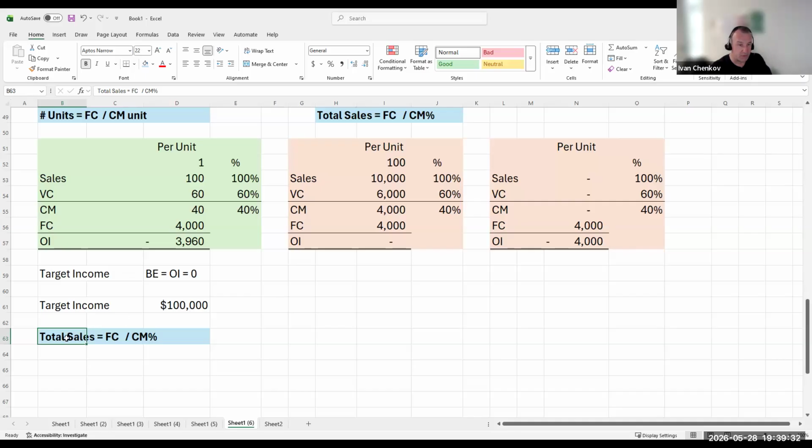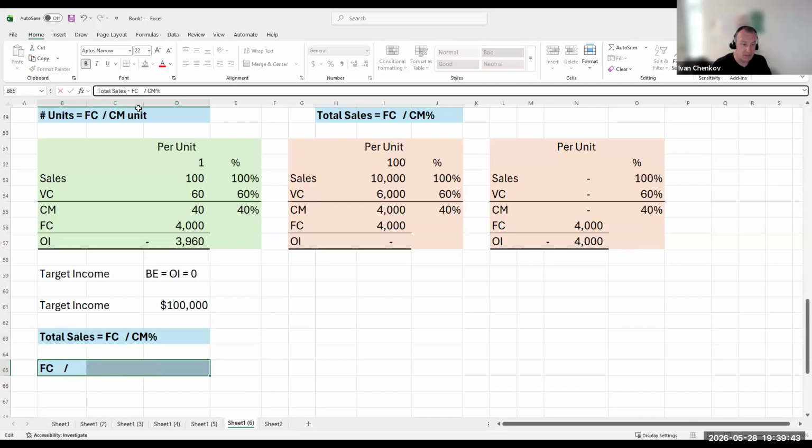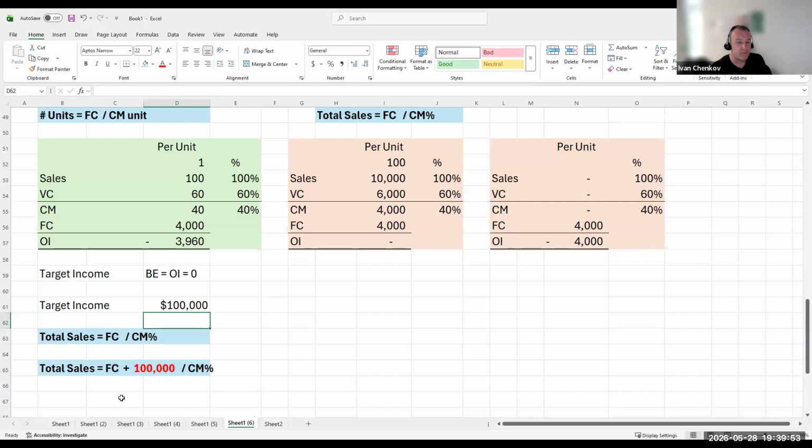So what we have to do is add what we want into the fixed cost, the numerator. So what's going to be here? Plus $100,000. And run the formula again. And that's how we're going to find out how much we need our sales to be.